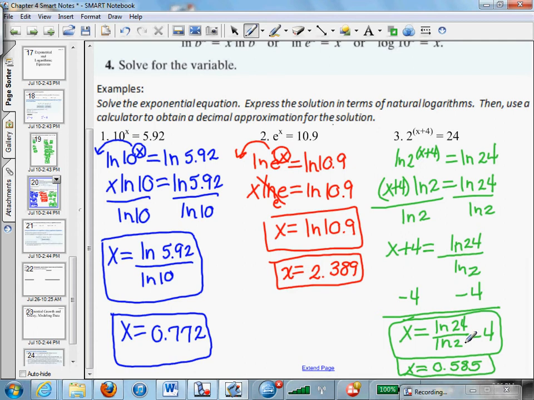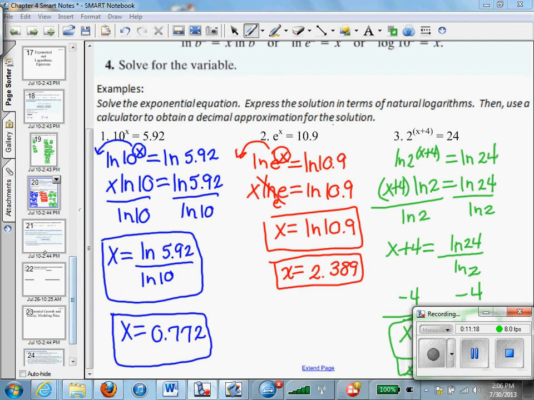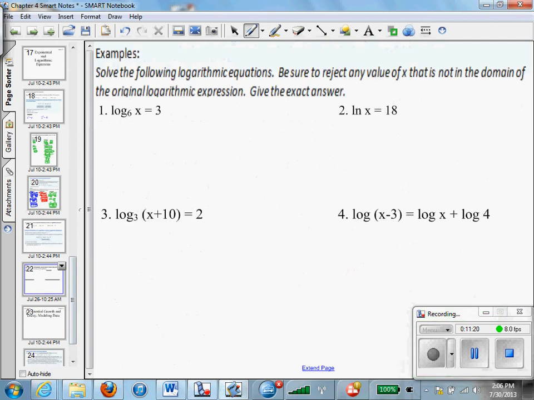Okay, for our last topic of this video, let's talk about these examples. So we solve the following logarithmic equations. Be sure to reject any values of x that are not in the domain of the original logarithmic expression. Give the exact answer.